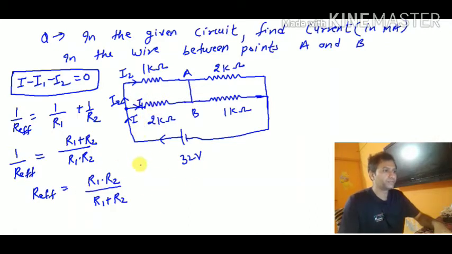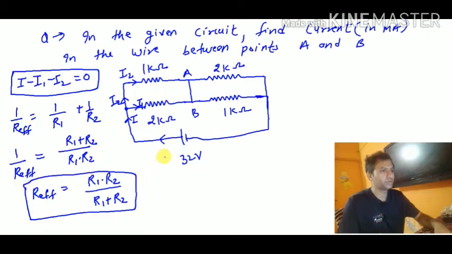From this equation we can find out, in this section this part is parallel. So I am writing for these two resistors, R equivalent, I am writing RE. R1 into R2 means 2 into 1 divided by 2 plus 1.